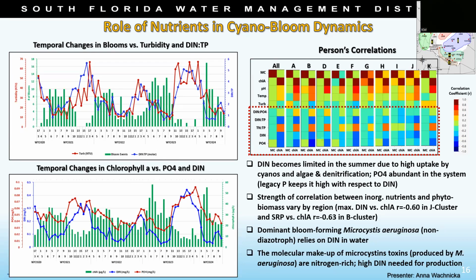Okay, one more thing, I also looked at the correlation between nutrients and chlorophyll a and toxins. And again, there are significant regional differences. The strength of the correlation is not going to be the same.